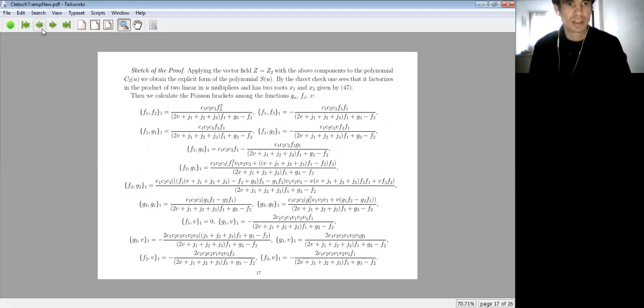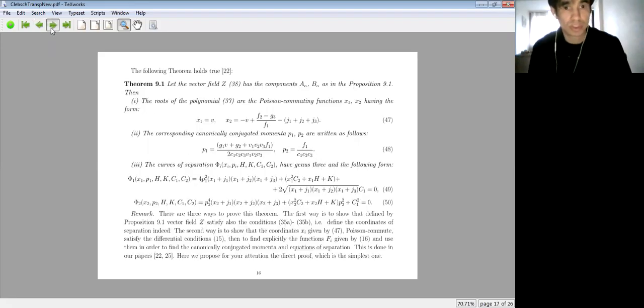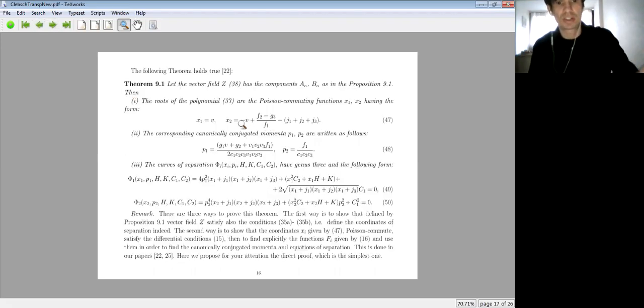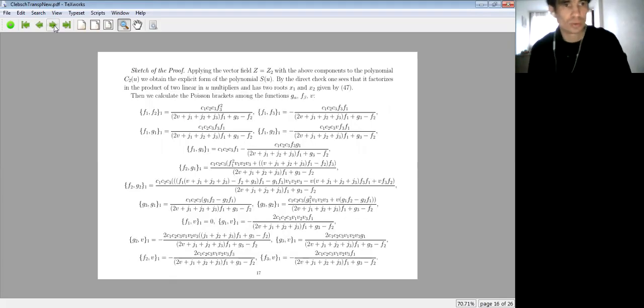spirit. The direct proof. Why is it possible? Because we have in fact almost explicit formula, the function v is defined implicitly, and we can try to prove the canonical form of the Poisson brackets and the equation of separation.